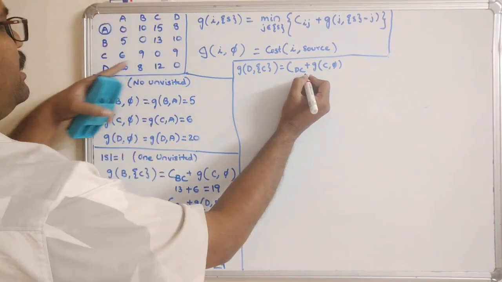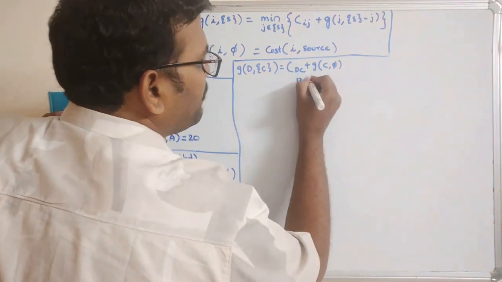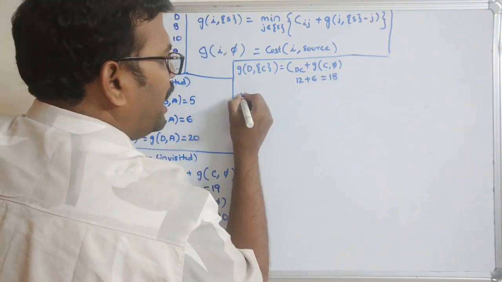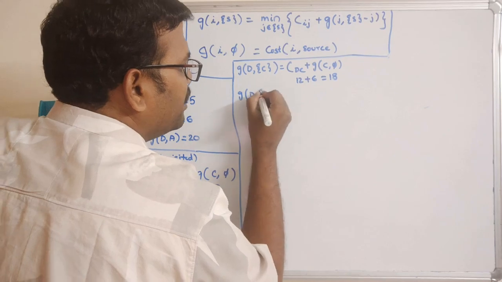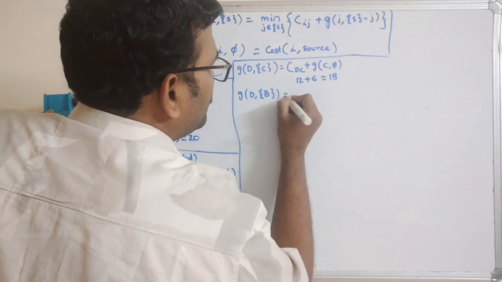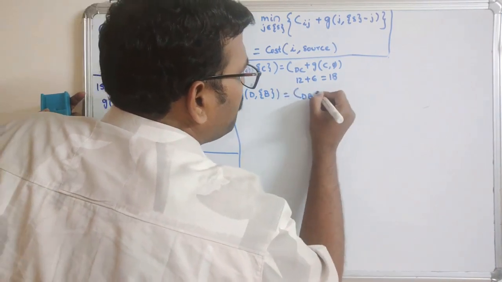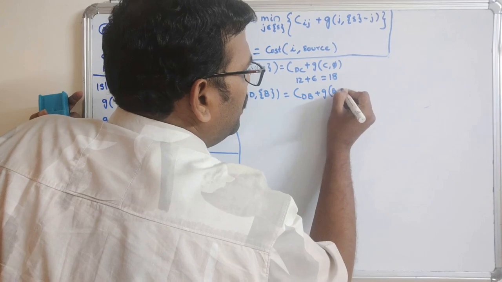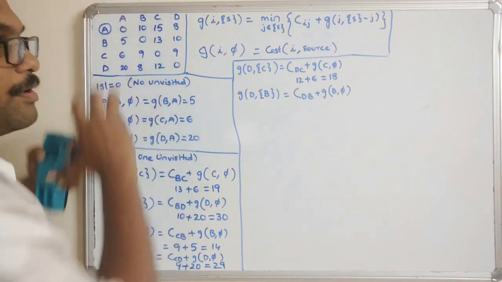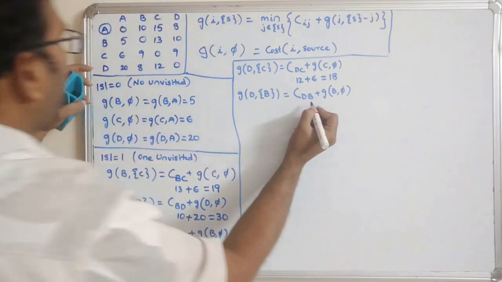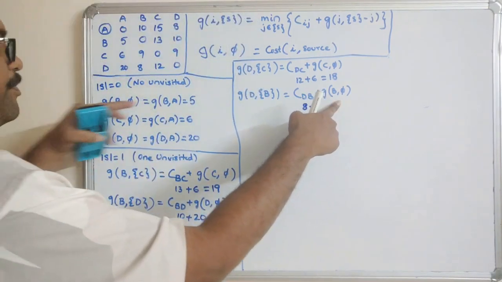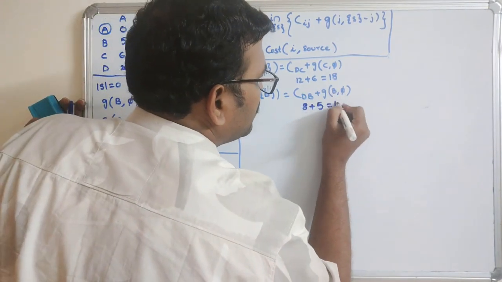So DC is 12 plus C pi, which is 6, is equal to 18. And there is one more possibility. If we are at D, the next unvisited can be B. So C of DB plus G of B comma pi. DB means 8 plus G of B pi, which is 5, so which is 13.